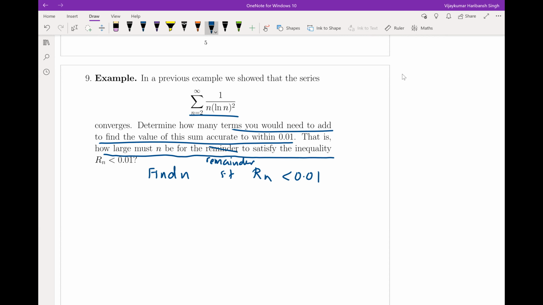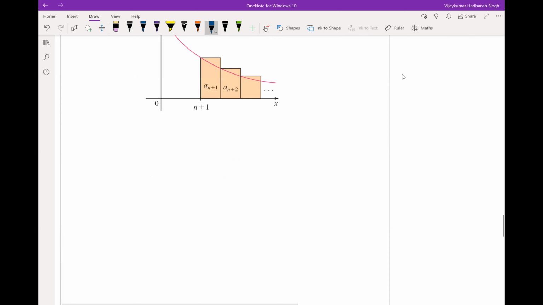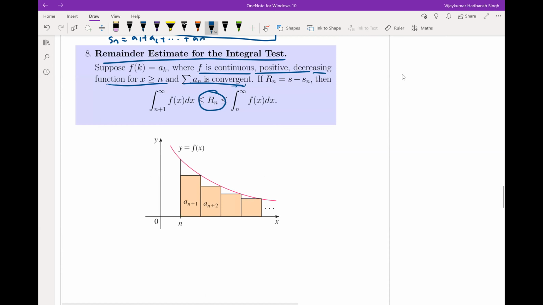So we have the following. Your Rn is going to be between these, right? So let me use this formula.